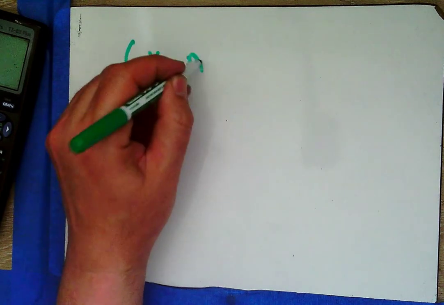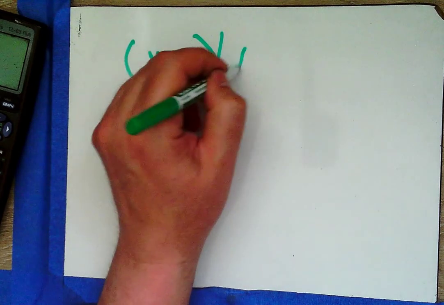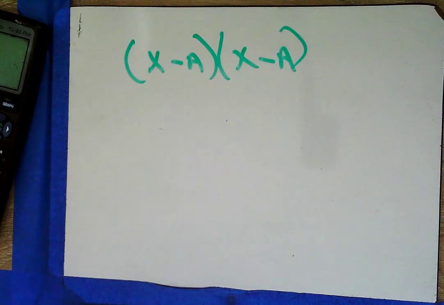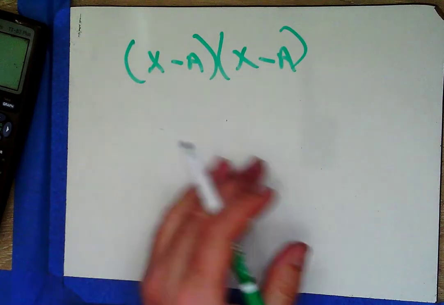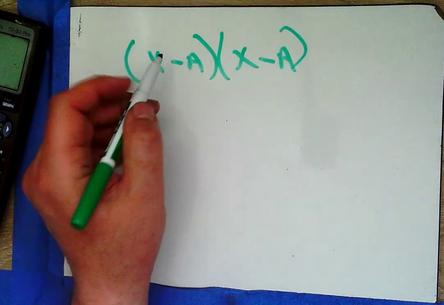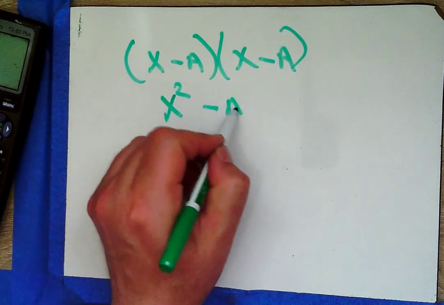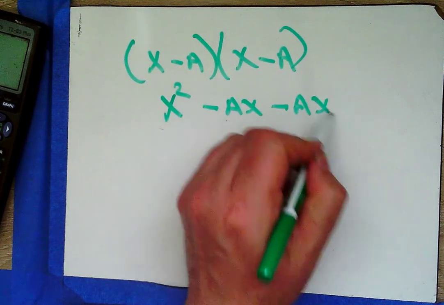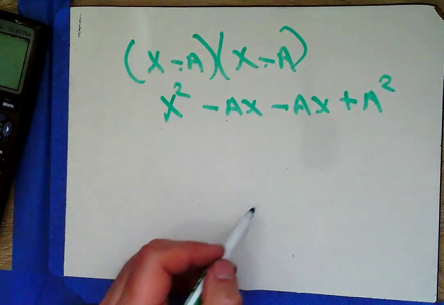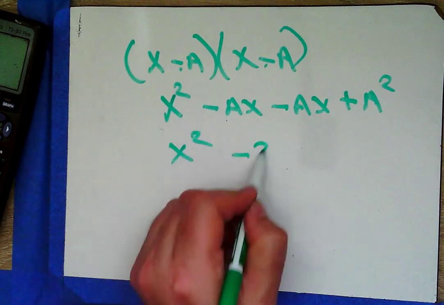All right, so what are you going to do with this one? x minus a times x minus a. Would you please multiply those two polynomials together? Okay, welcome back. Did you get x squared minus ax minus ax minus a times minus a is plus a squared? And then combine like terms.